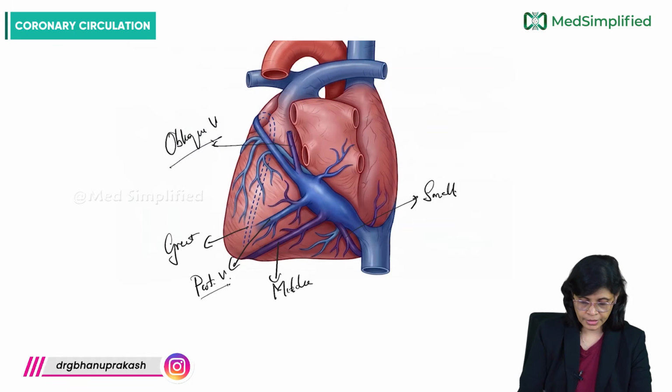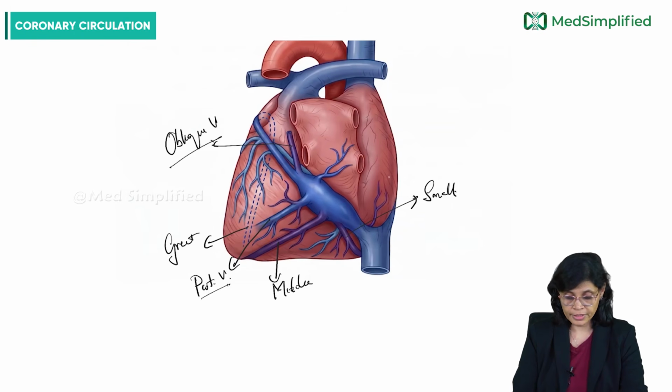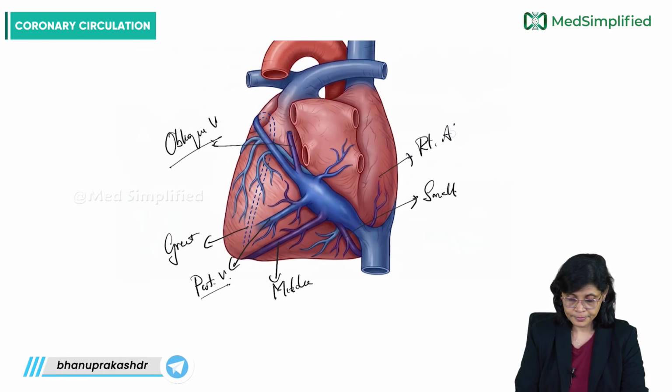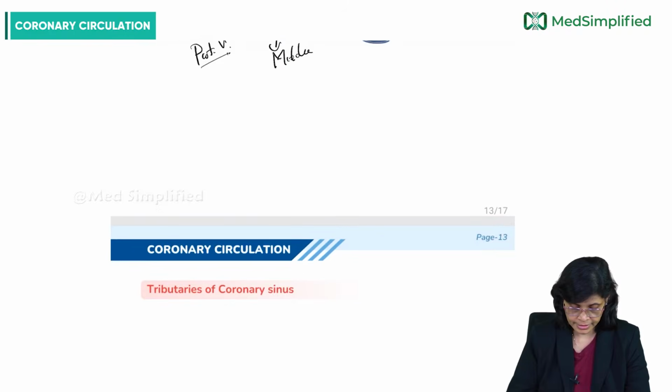So these are all the tributaries of the coronary sinus, and we can see it opening into the posterior wall of the right atrium. This is the inferior vena cava. Next to that, here it opens and it is guarded by a valve which is known as the Thebesian valve. So that is about the coronary sinus.